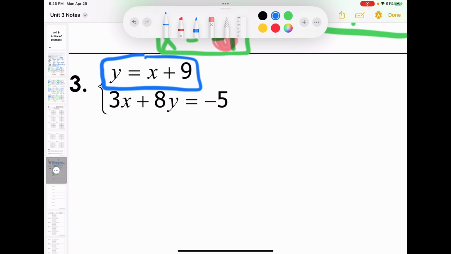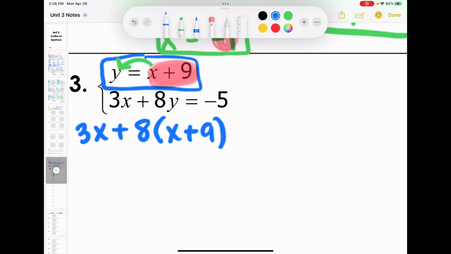So that means I'm going to take x plus 9 and substitute it in for y into my second equation. So my second equation is 3x plus 8y equals negative 5. So I'm going to have 3x plus 8, replacing that y with x plus 9, equals negative 5.